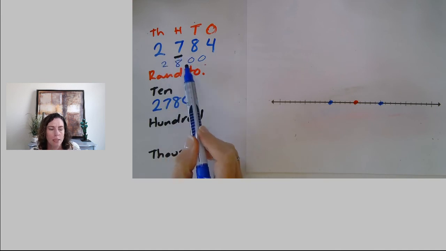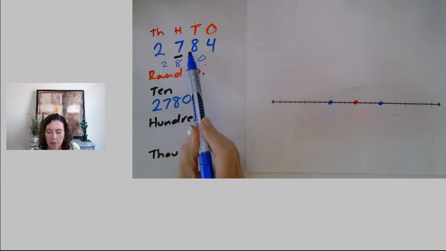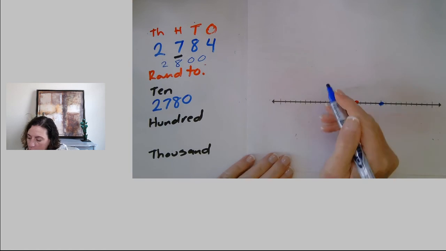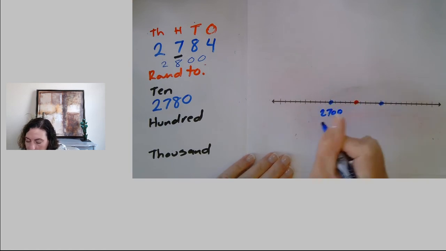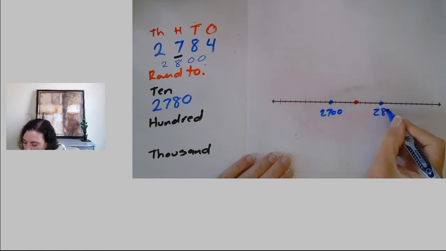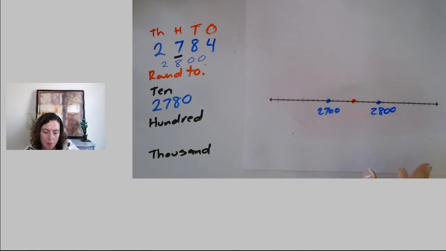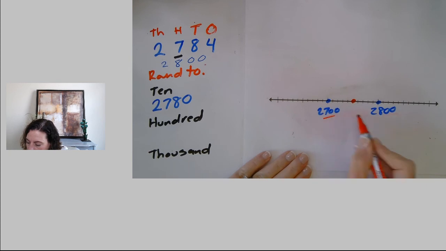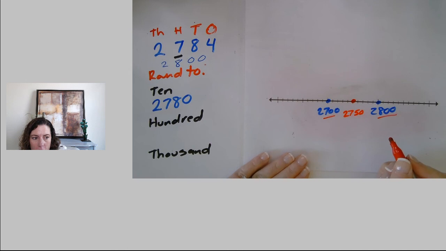And we keep this number in the front. So by doing this, I know that I start at 2,700 and my ending point or my next 100 would be 2,800. Right? Good. And my midpoint, because we're counting by hundreds, is 50, because the midpoint between 700 and 800 is 750 or 2,750.